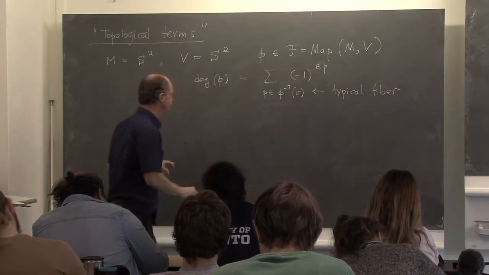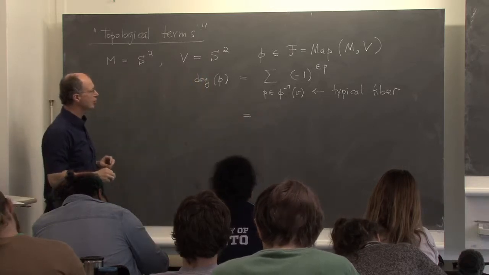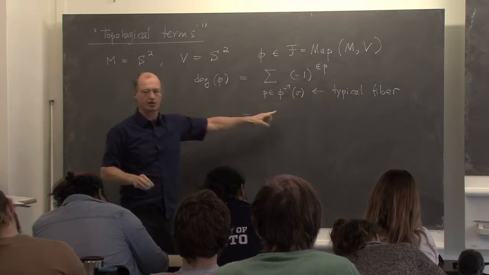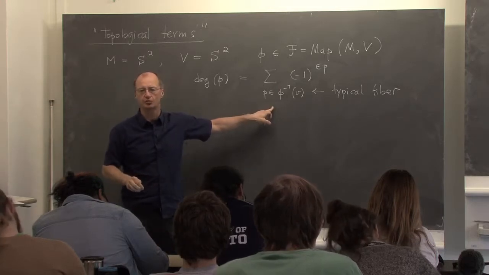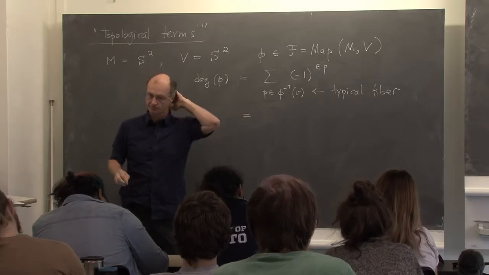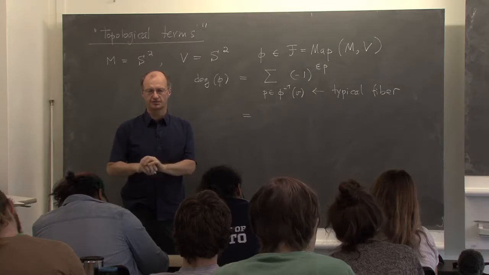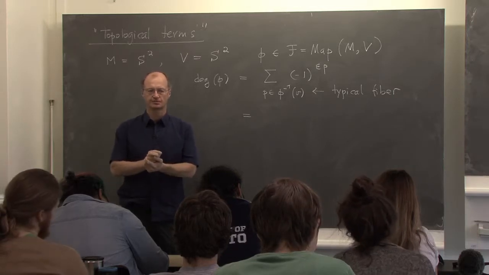Typical fiber. Or we can do the following, right? I want to write a similar integral formula. So what would be a good integral formula? Would you have a suggestion?